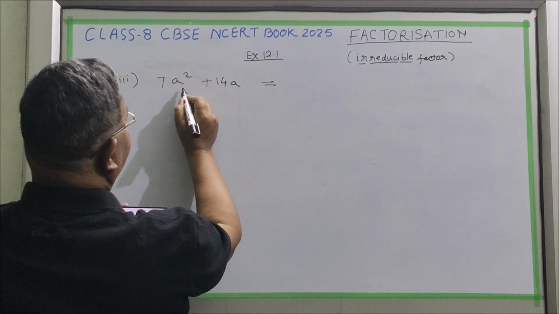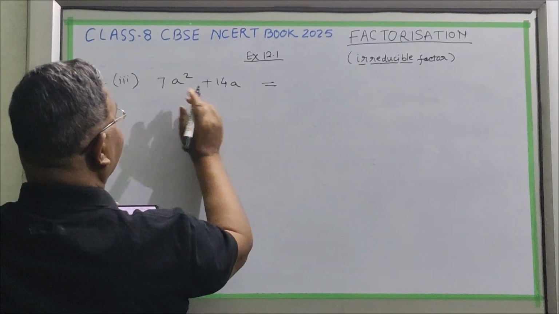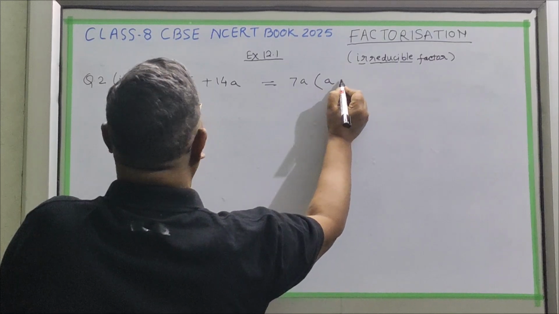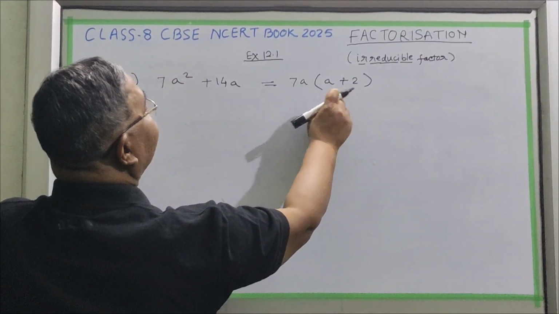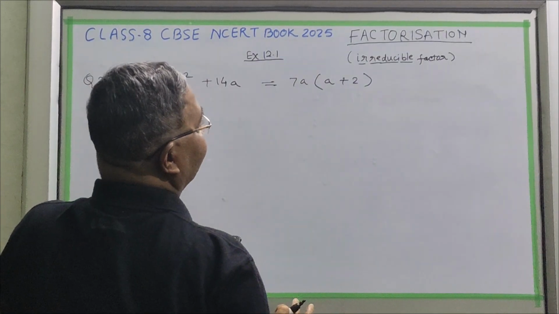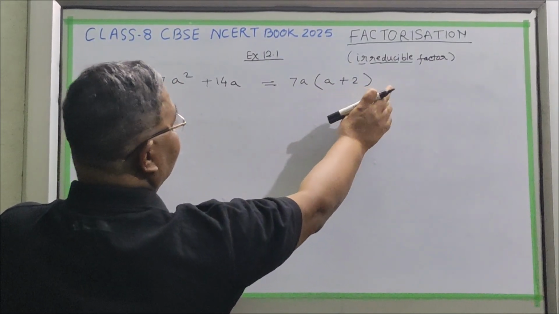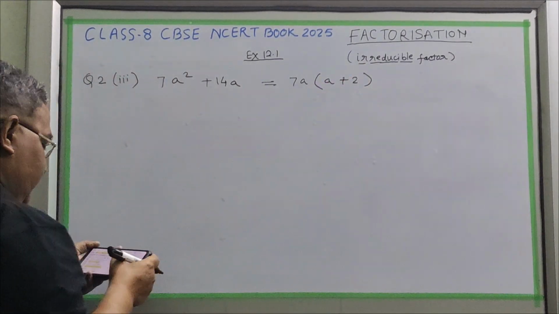You have to factorize it, which means you have to make irreducible factors of it. So we will take out 7 and a. Here a will remain and here 2 will remain. Further there is no factor of a or 2, so this will be your answer.